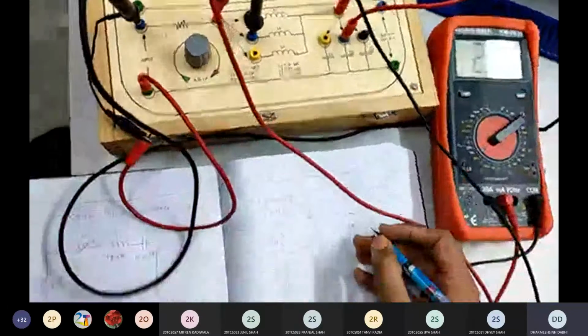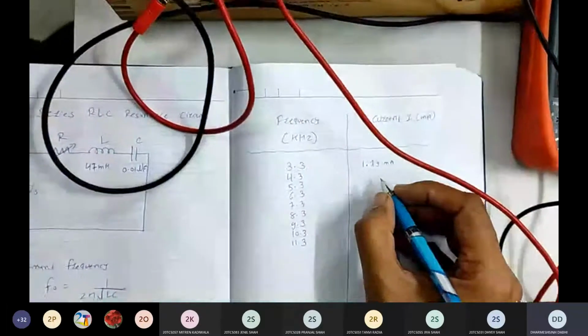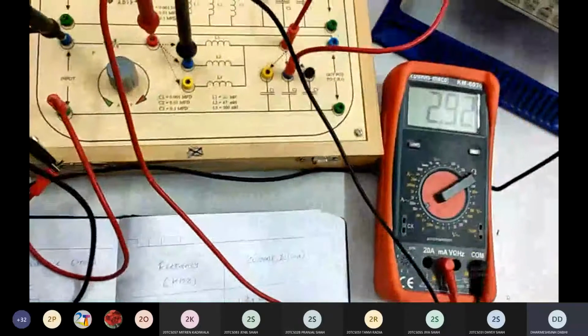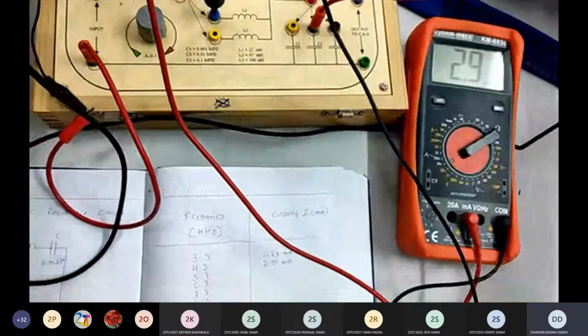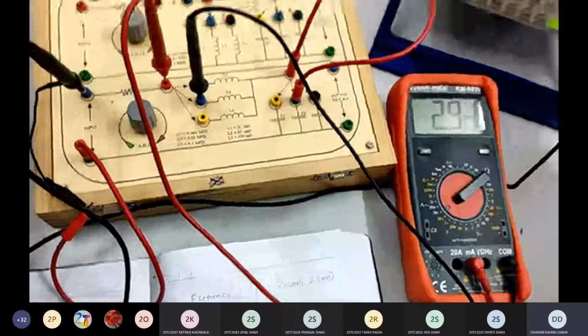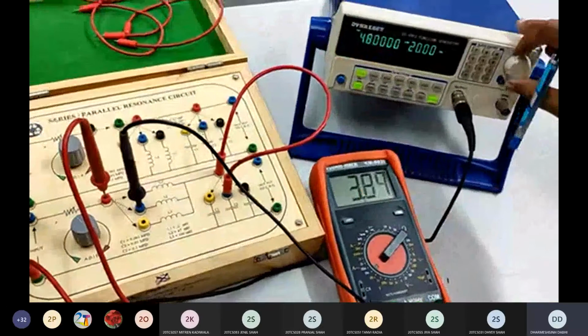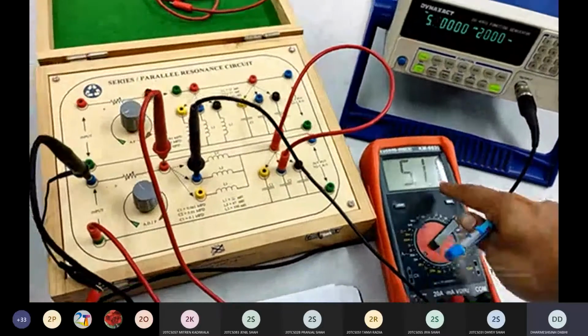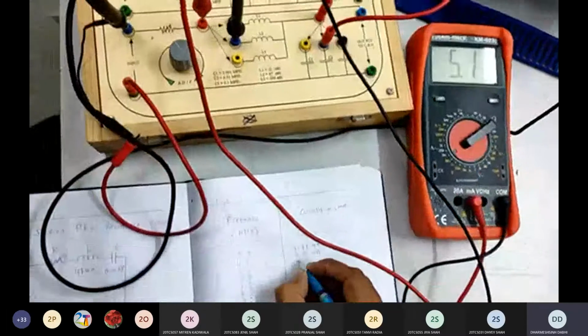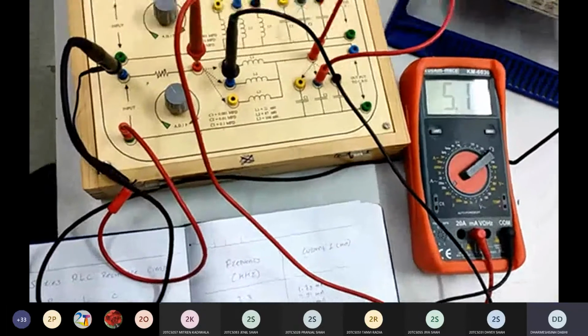Let's write down for 4.3 kilohertz, the value of current is 2.91 milliampere. Now set the frequency to 5.3 kilohertz, and at that time the current is 5.11 milliampere.